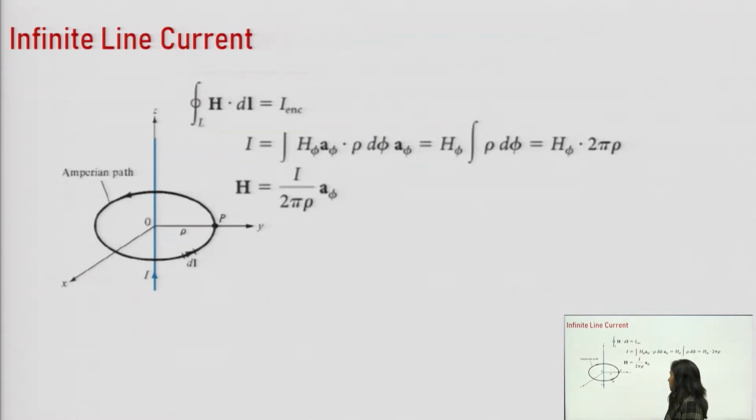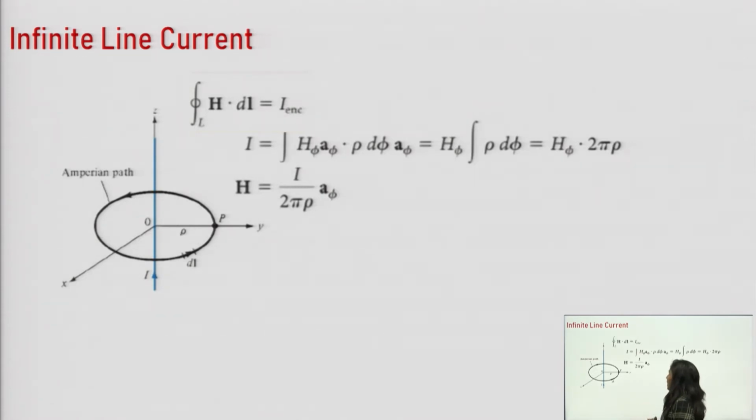Then the first step is to draw the Amperian path. We should draw the Amperian path in such a way that H at every point will be the same. So we have drawn the Amperian path like this.